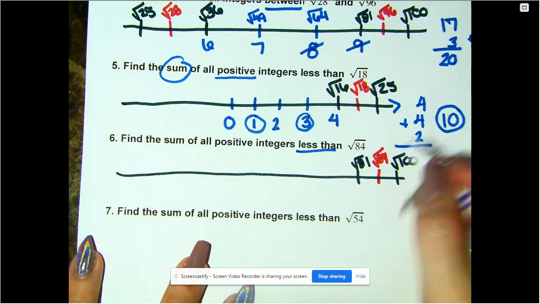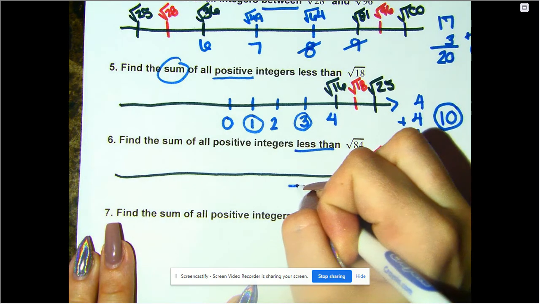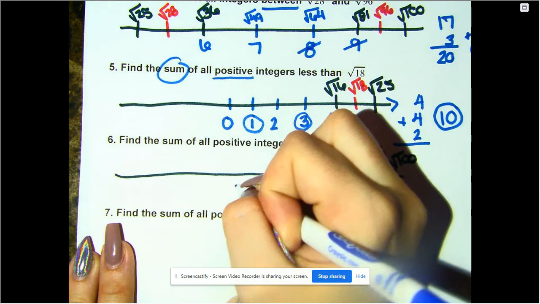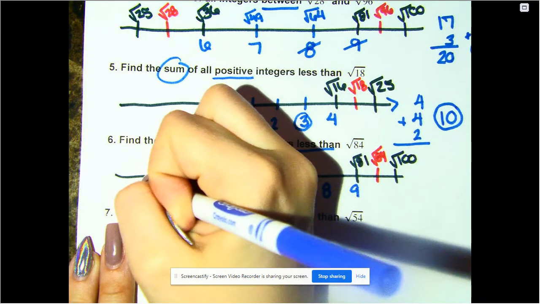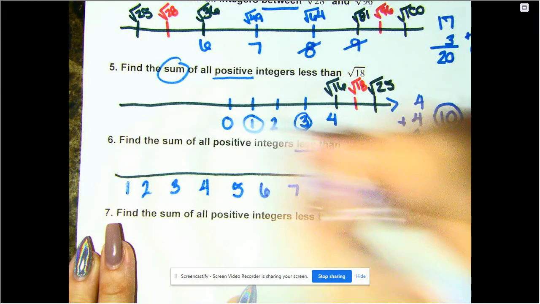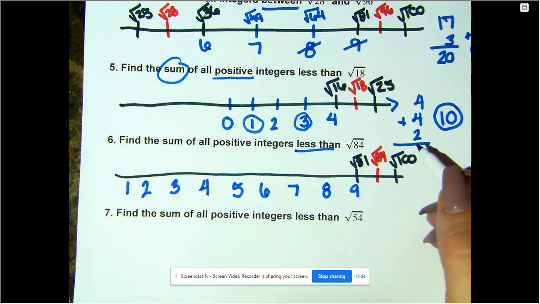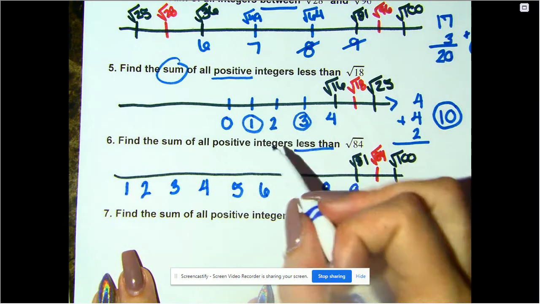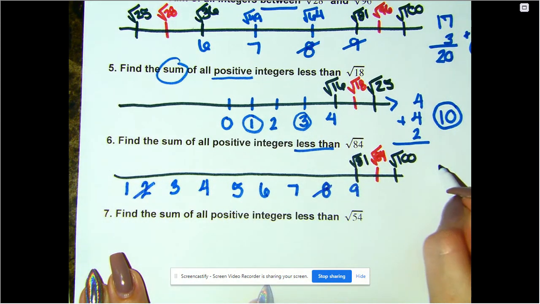So that's going to make it 9, 8, 7, 6, 5, 4, 3, 2, 1. And if you want to include 0, you can. Okay, so adding all of these together, let's make pairs of 10. So I know that 2 and 8 make 10.